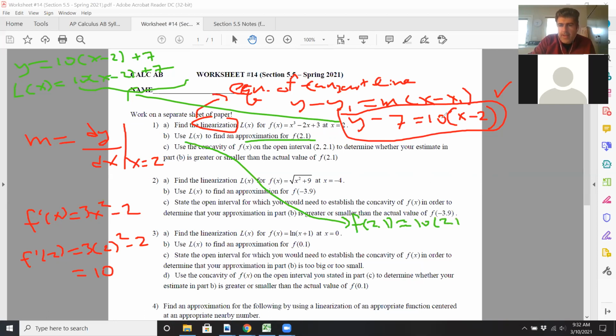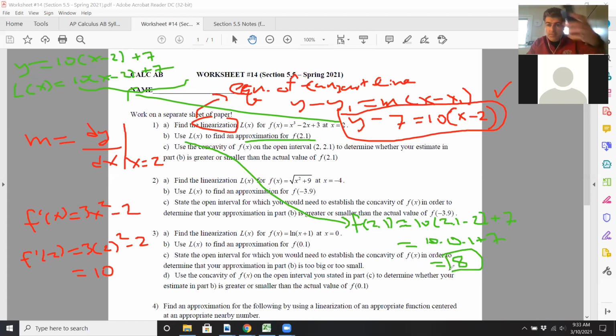So you plug in 2.1 for x into the tangent line equation, and you solve for y. That's really what you're doing. Since I isolated y already in green in the top left corner, just plug 2.1 in for x and work it out. If you do, you get 10 times 0.1 plus 7, you get 7 points... actually, you get 8. Is that 8? Yeah, you get 8.